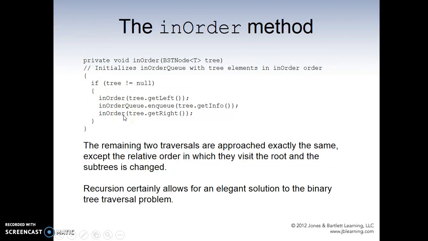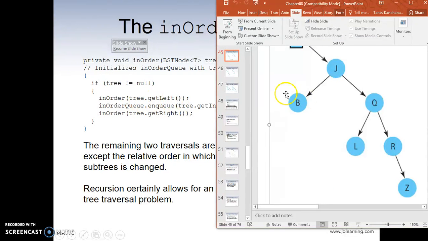Then it's going to go back to the previous one, which is going to execute the next line of code, q.enqueue. That's why we start to do enqueue B, right? p.getInfo, which is B.